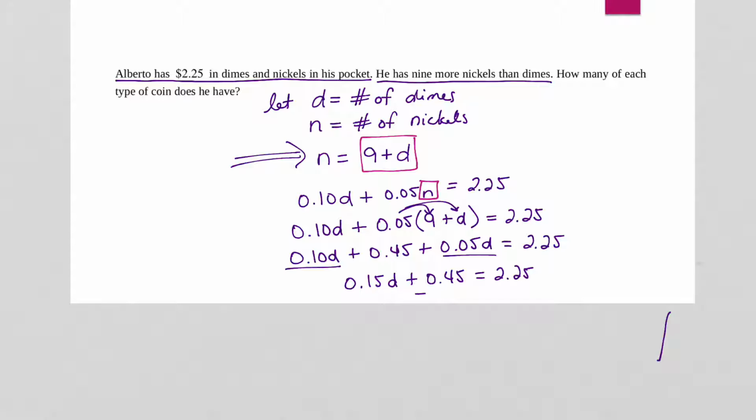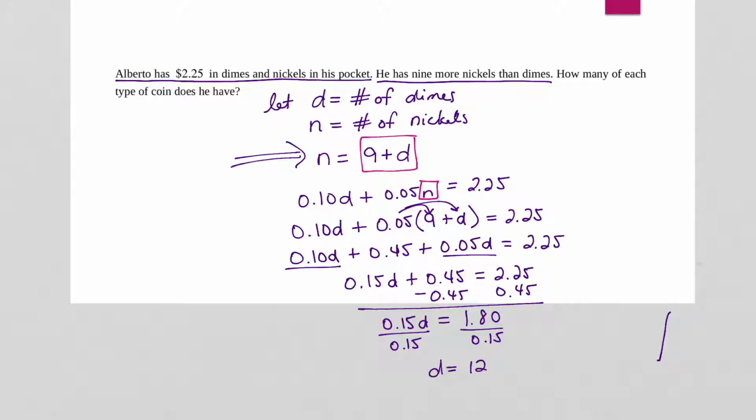And I can subtract 45 cents from both sides. And I get 1.8. Divide both sides by 15 cents. And I get that the number of dimes is 12.